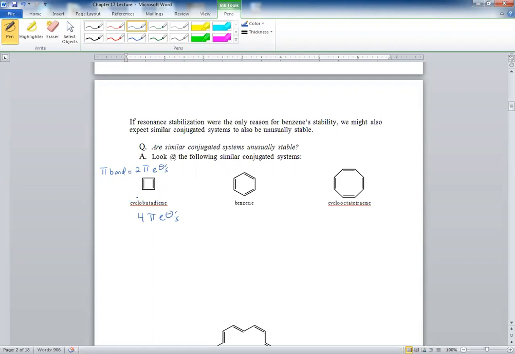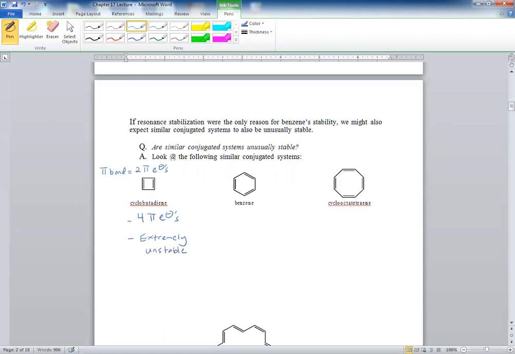The double bond, remember, is a pi and a sigma bond, and each pi bond has 2 pi electrons. This one turns out to be extremely unstable. So even conjugation doesn't make a difference here.